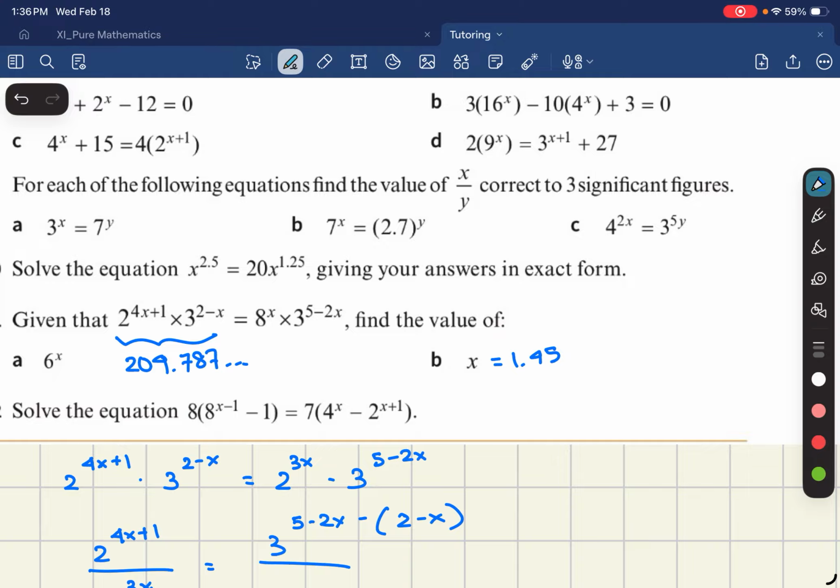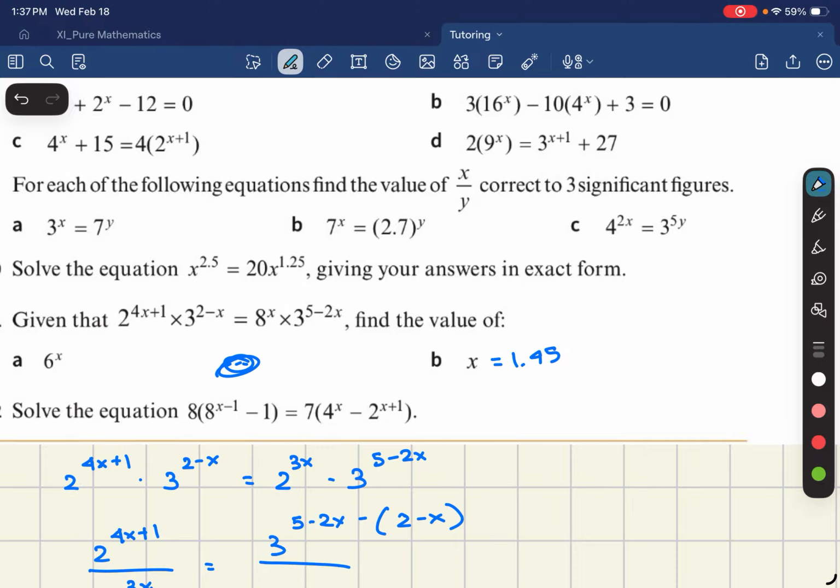And this should be the same thing that you get when you substitute your answer on the left-hand side. 8 to the power 1.45 times 3 to the power 5 minus 2 times 1.45. And it gives you exactly the same thing when you substitute x on both sides.